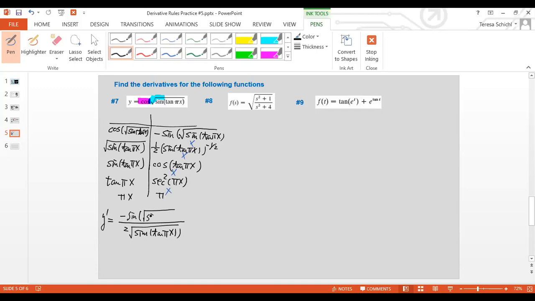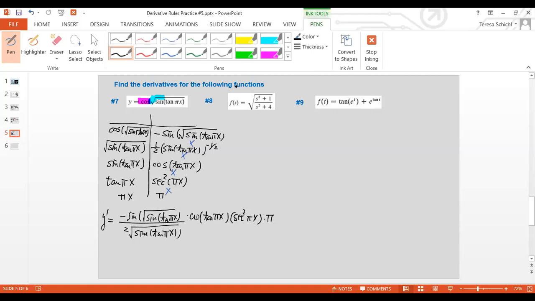So this is the sine tangent pi x, then times cosine tangent pi x, times the secant squared pi x, then finally times pi, right? So this is our answer here, right? It's a little bit complicated, but it's not too bad, right?